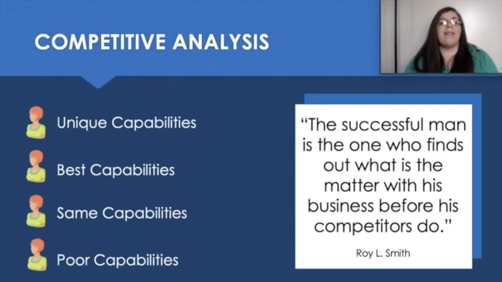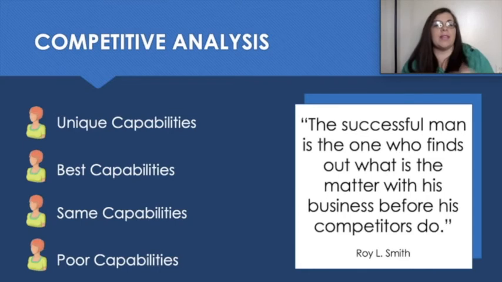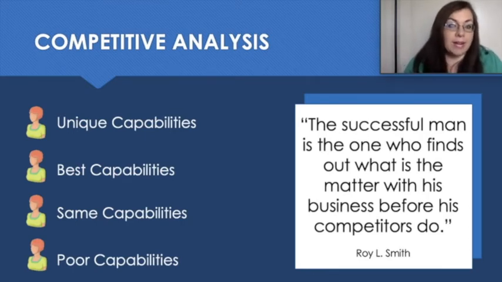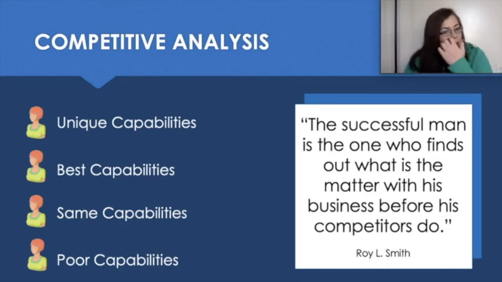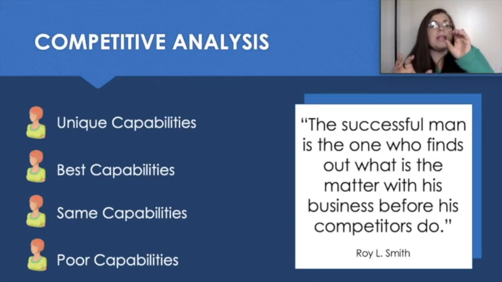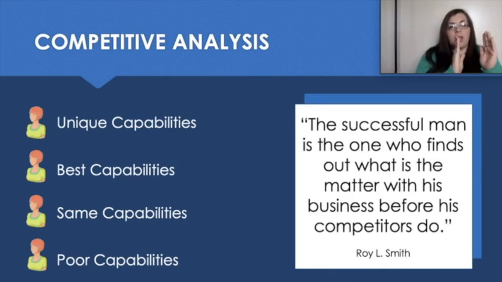So you have a box, right? There's templates online where you take, I would say, at least 10 competitors. Each one has a separate analysis, and you compare and contrast unique capabilities, best capabilities, same capabilities, and poor capabilities. So you would grid it out, right? Put your unique capabilities, best capabilities, same capabilities, poor capabilities, and then you versus them.